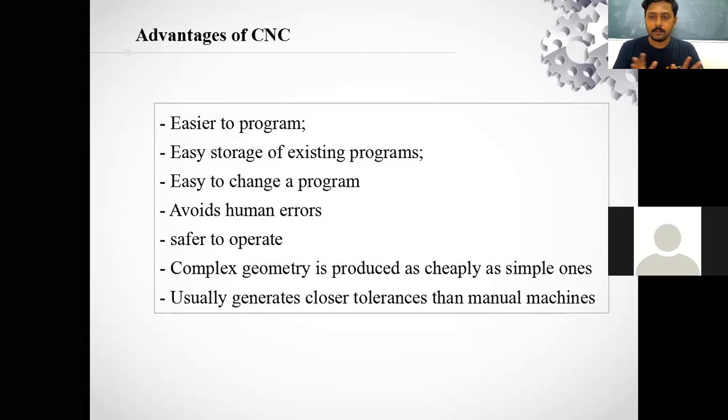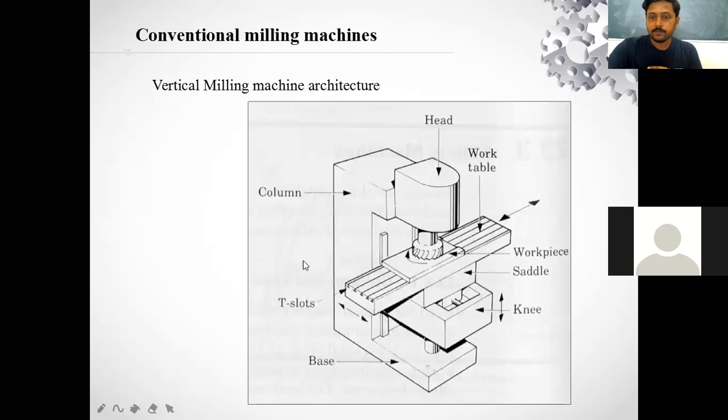Complex geometry is produced as cheaply as possible. We have already discussed one. Usually generates closer tolerance than manual machines. Since we have discussed the accuracy part, closer tolerance will be achieved by using these CNC machines. So these are the advantages.